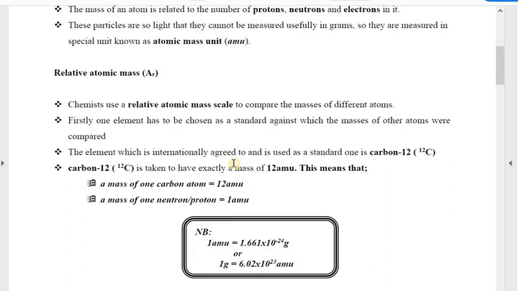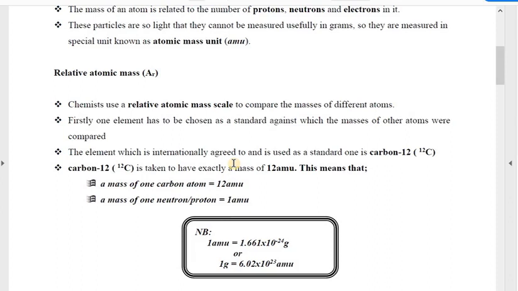If we think it's half of the mass of the chemistry textbook, then its mass is half. If we say the textbook is 100 grams, something double the mass of the textbook is going to be 200 grams. If this book feels like it's half of the chemistry textbook, then that book is going to have a mass of 50 grams.